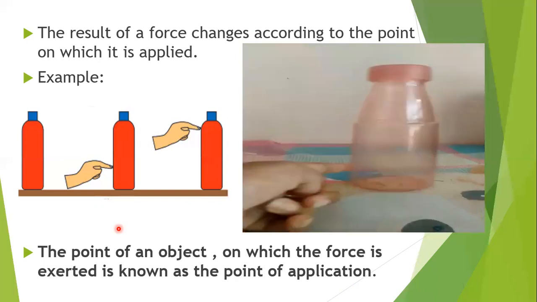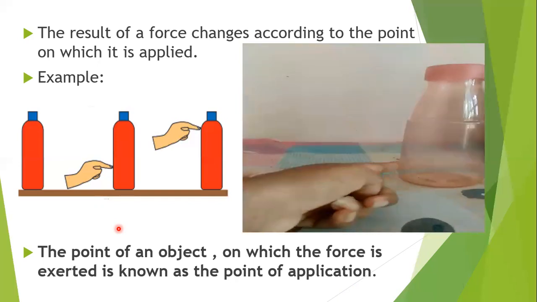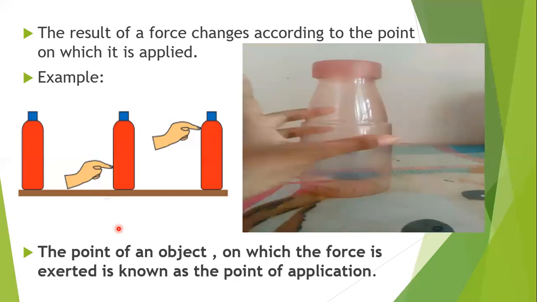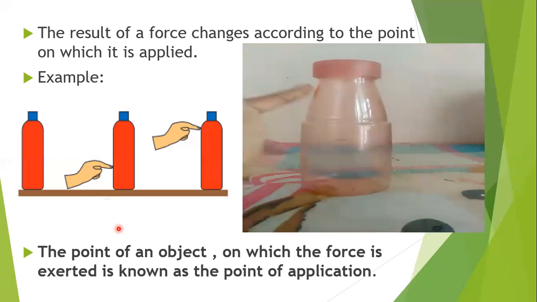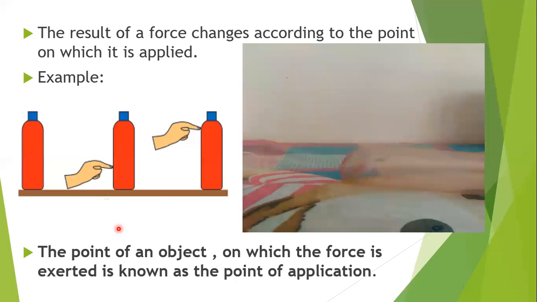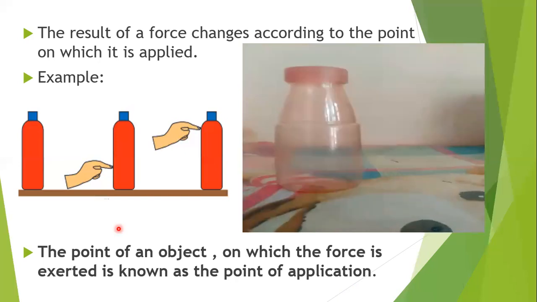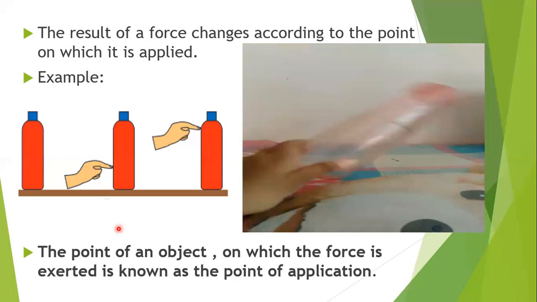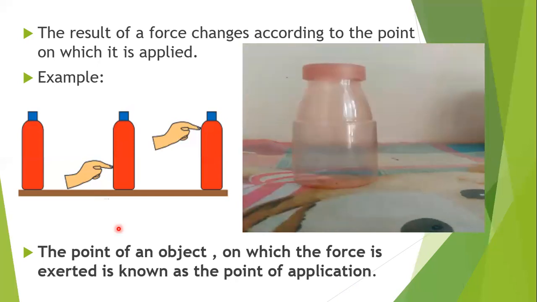But if it is pushed from the top. So now you can see from this observation, the result of a force changes according to the point on which the force is applied.